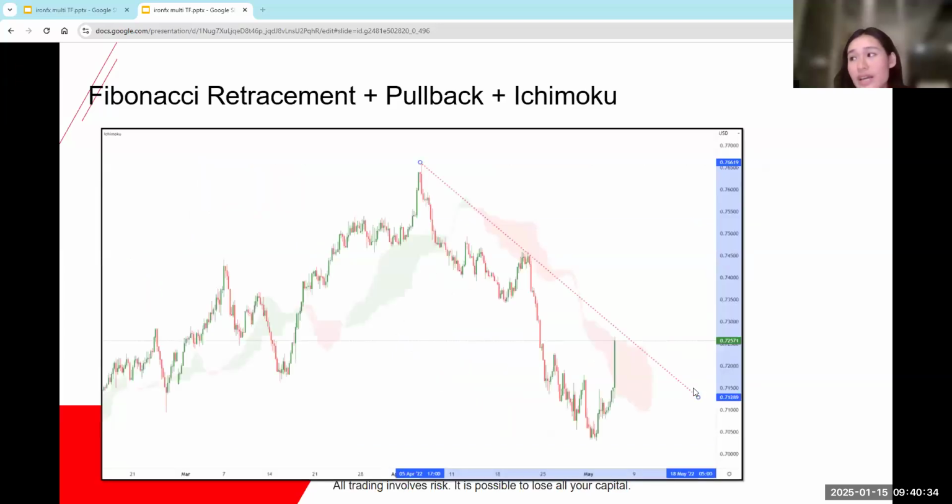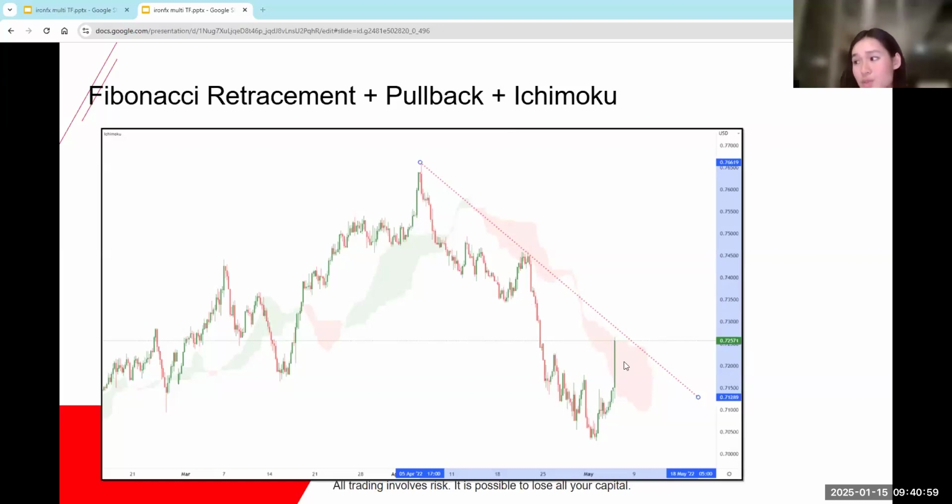Okay, next we're going to add in another indicator, which is the Ichimoku cloud. There are many ways to use this indicator, but we normally just like to focus on the cloud. In general, when price moves above the cloud, it's a bullish signal. When price moves below the cloud, you can see it's a bearish trend.